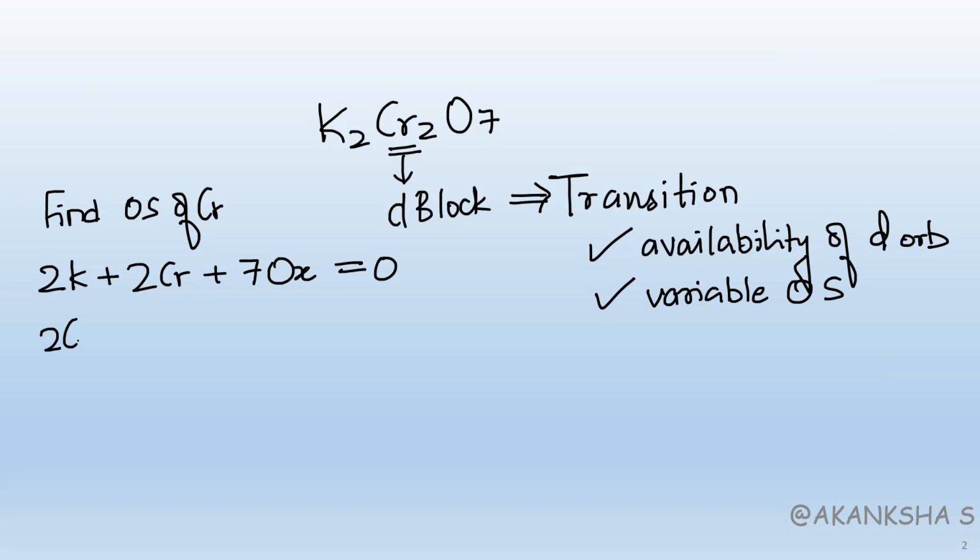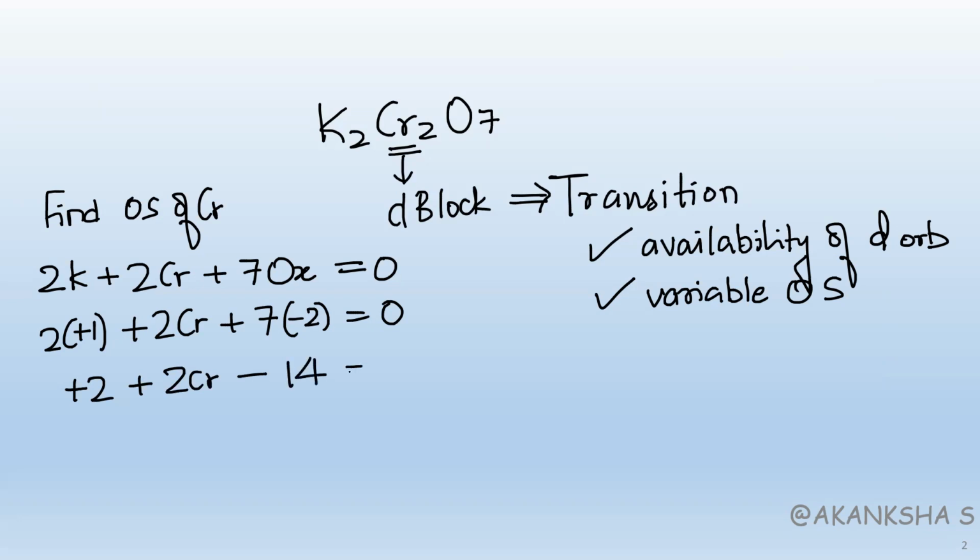We know potassium, a group 1 element, is +1. Chromium we need to find out. And again, we know oxygen is -2. Solving this further, we have +2 plus 2 chromium minus 14 equals 0. Together, we get 2 times chromium minus 12 equals 0.